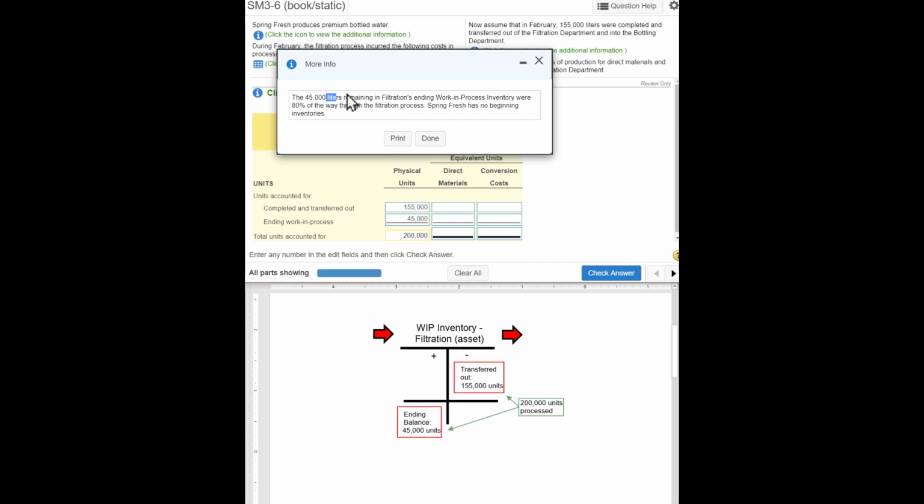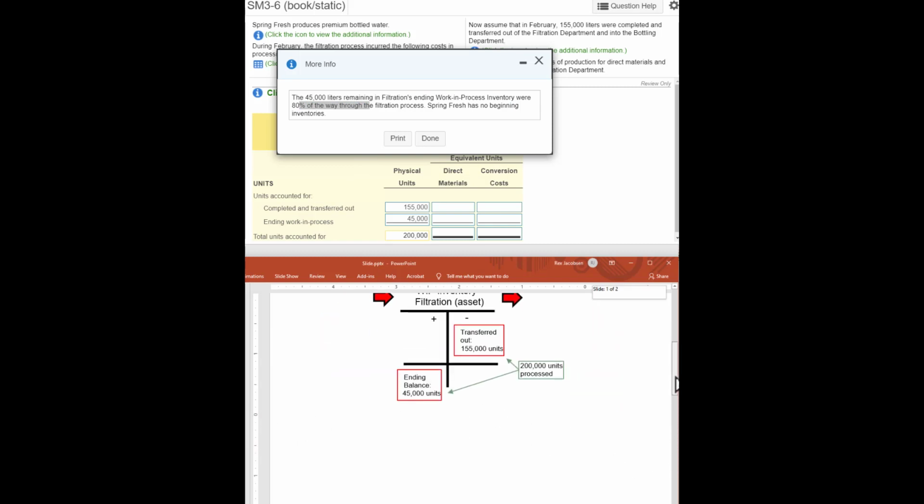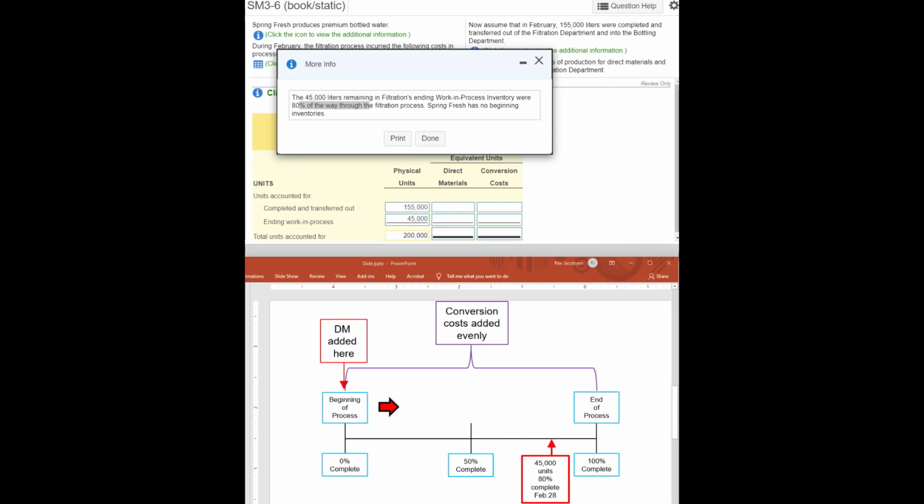So the 45,000 liters remaining in the work in process inventory were 80% of the way through the filtration process. So let me switch back to my other slide. That's what this is talking about. Conversion costs are added evenly throughout the process. So at the end of February, 45,000 units were still in the department, still being filtered.